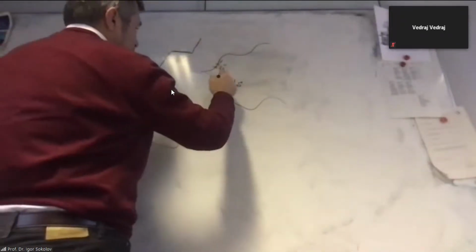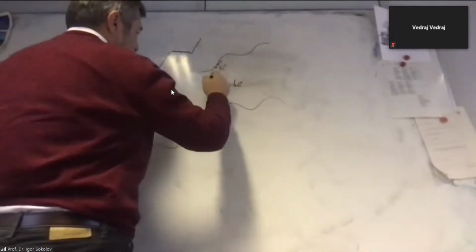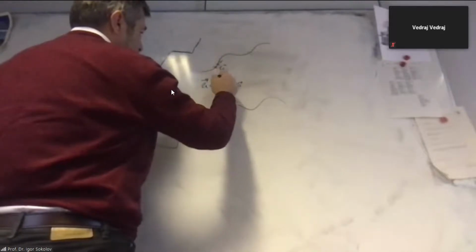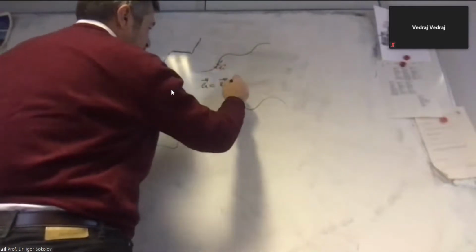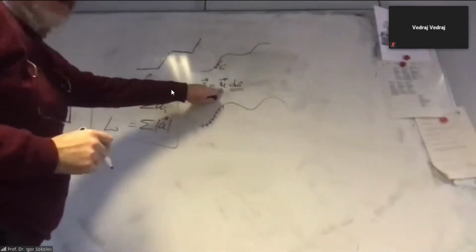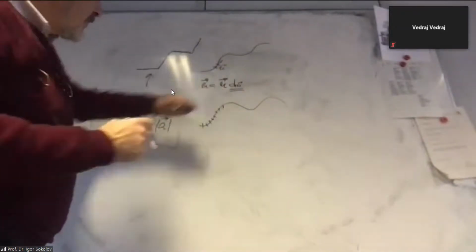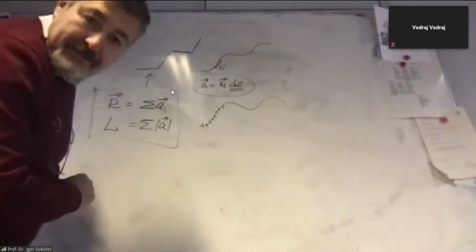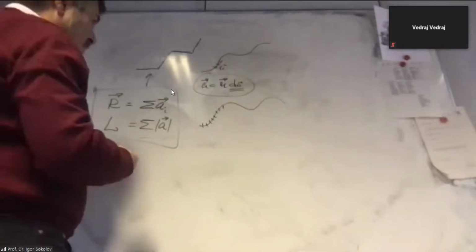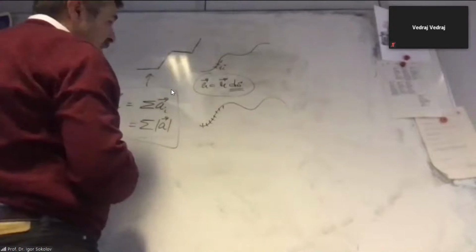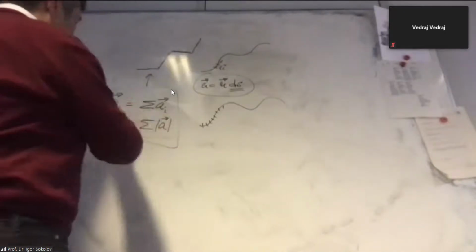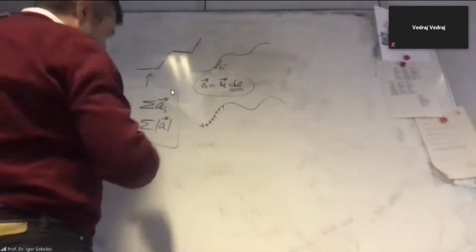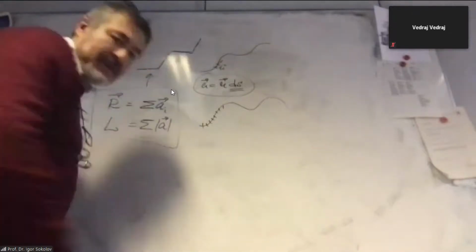And then I can say that this displacement a is u ds. It has length ds and direction of u. Is this clear? And as soon as this gets clear, the total end-to-end displacement is the sum of these a's, so if you want, the integral.